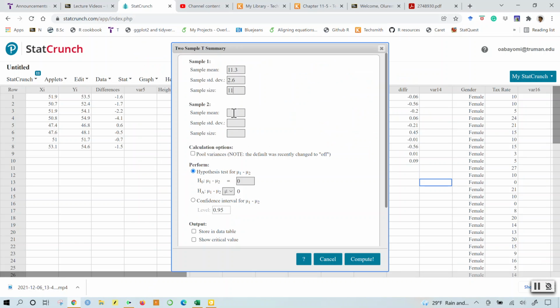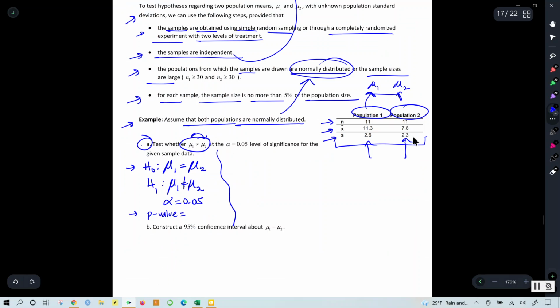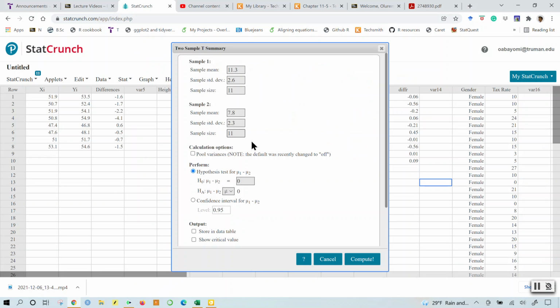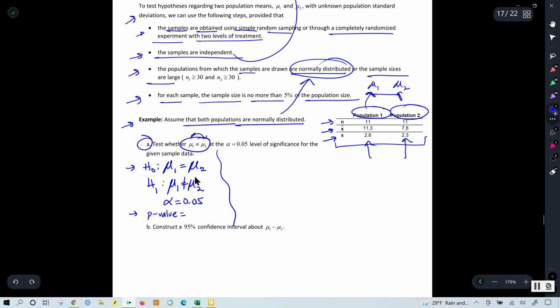And then I'm going to do the same for the second sample. Here on my screen for the second sample, I have the sample mean, which is 7.8, which is your X bar. 2.3 is the sample standard deviation for the second population, and 11 is the sample size there. So with that said, the alternative hypothesis is mu1 not equal to mu2.